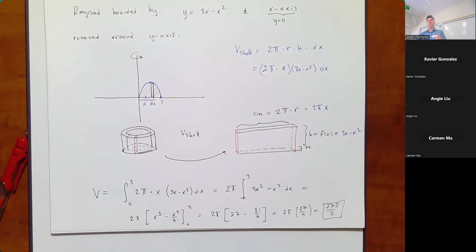When you're finding volumes of rotation via integration, often you will have a choice about which way you want to do it. Let me show you an example.